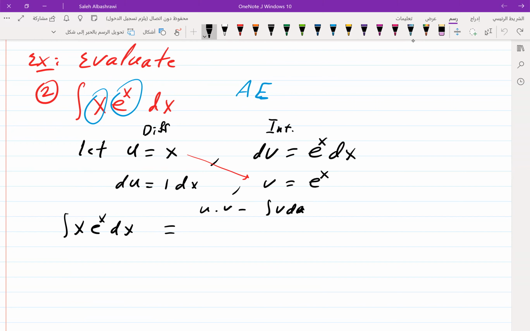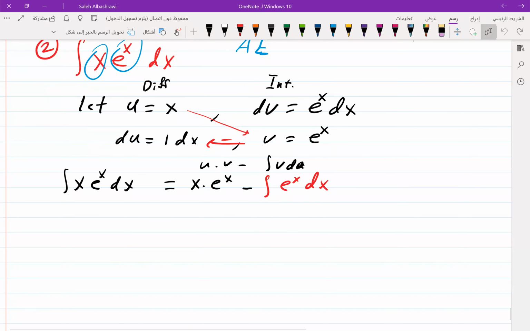So I will have u, which is x, times e to the power x, minus the integration of v, which is e to the power x, times du, which is 1 dx. So the final answer will be x multiplied by e to the power x minus the integration of e to the power x, which is e to the power x, plus constant c, because this is an indefinite integral.